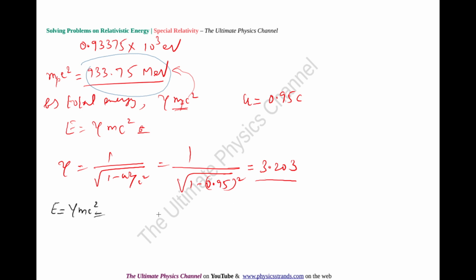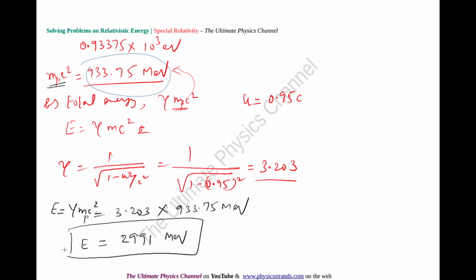We have calculated gamma to be 3.203, so 3.203 times the rest mass energy, which is mpc squared, that is 933.75 MeV. And therefore the total energy in this case is 2991 MeV. This is the total energy of the proton, right?